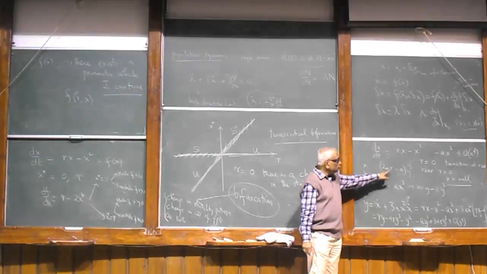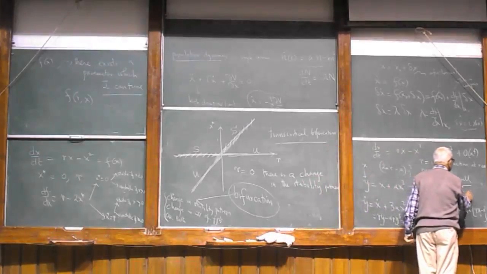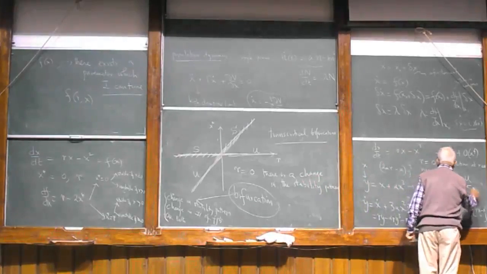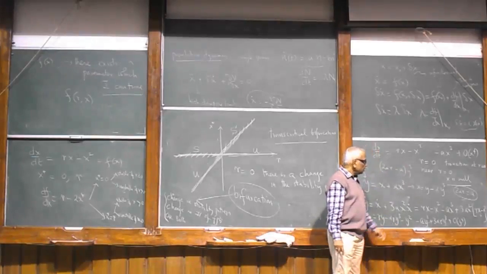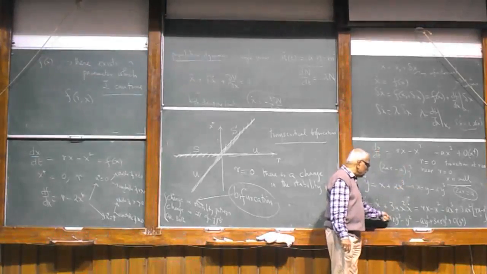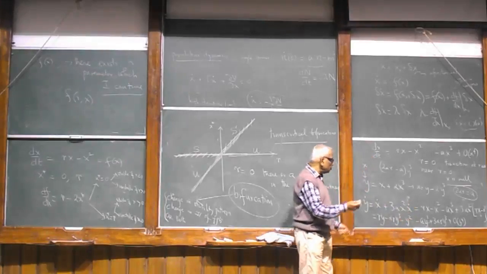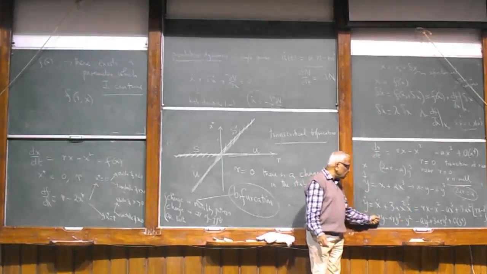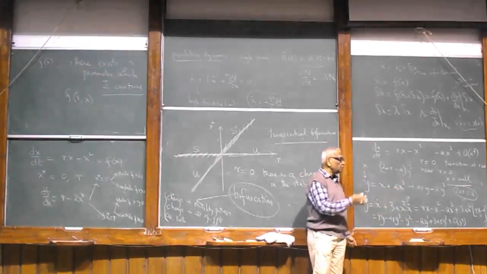So the choice of 2 alpha r equal to a is going to remove this y cubed term. With that choice of alpha, you are going to be able to shift this whole business to a form where it is ry minus y squared plus order y to the power 4.